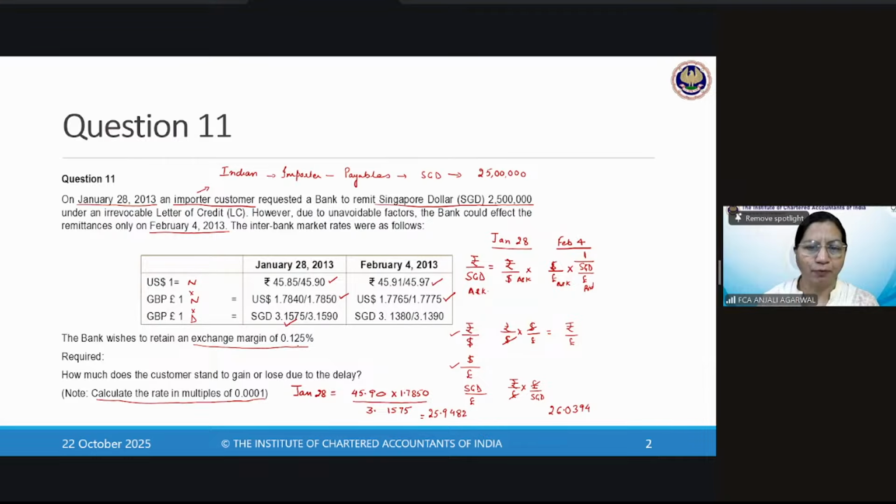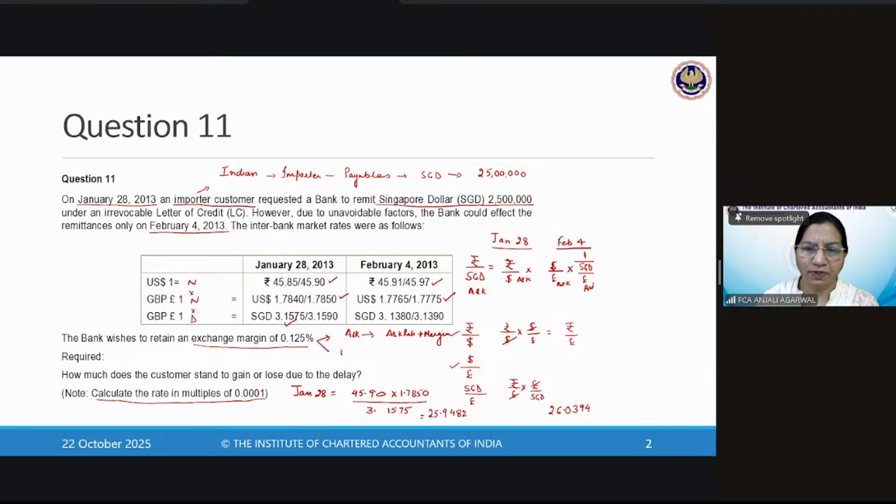Now you have to apply 0.125% exchange margin. Regarding exchange margin, be careful that if it is ask, that means you are going to buy the Singapore dollar. So you will pay the ask rate plus the margin.